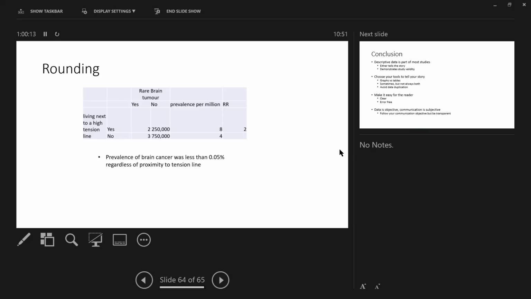And rounding as well. You could say actually in all areas, the prevalence of brain cancer was lower than 0.05%. Also true, seems very low, but it's not quite the whole story. So there's really a whole art and dark arts of tables and graphs.